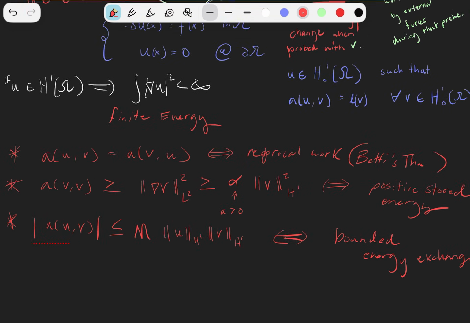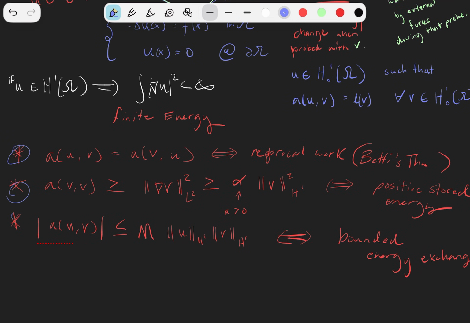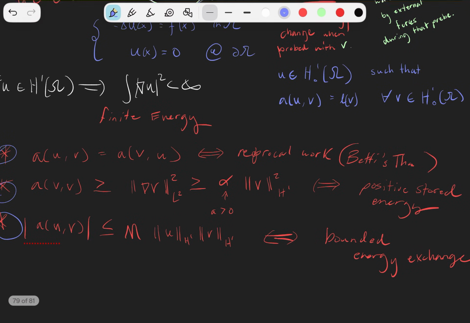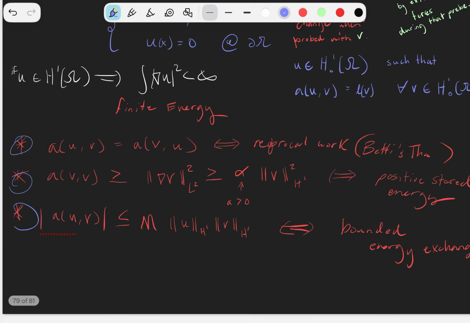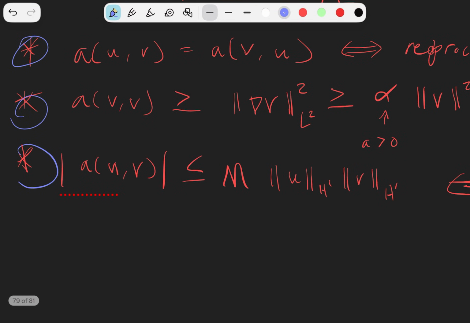Okay? And using all three of these, 1, 2, and 3, using all three of these really physical statements about the region, given our particular weak form, okay? If we obey these three constraints, you can then use this in the proof of the Lax-Milgram theorem.